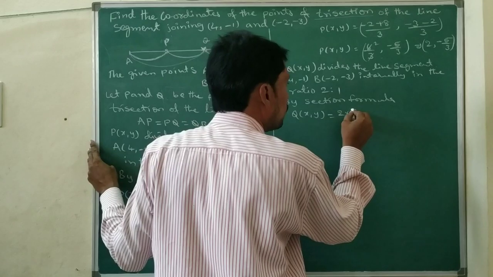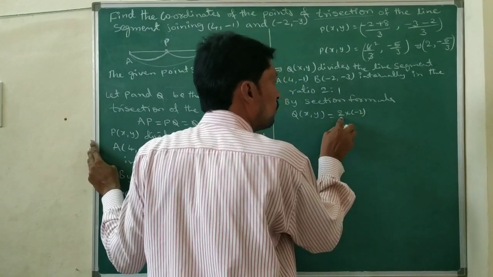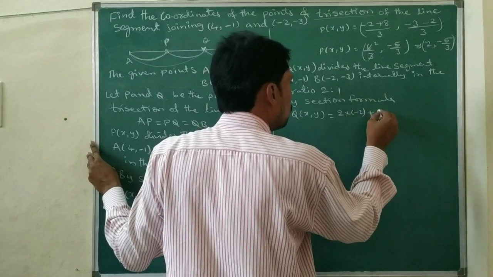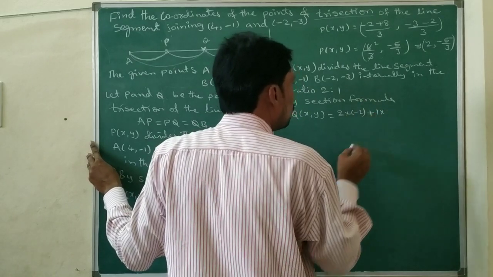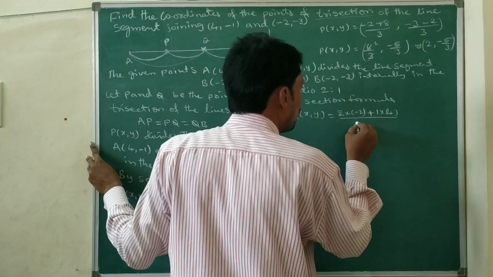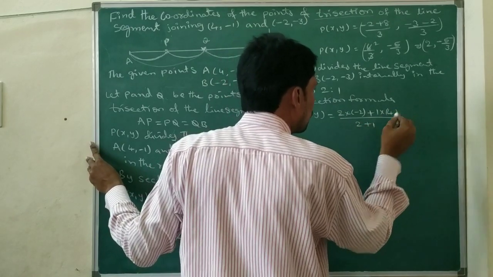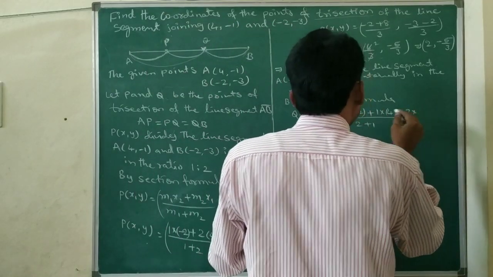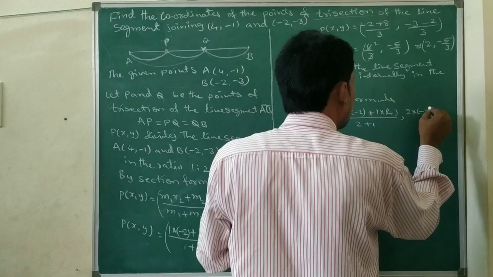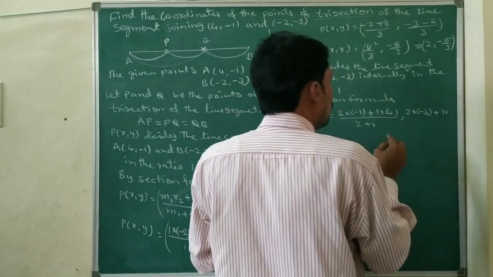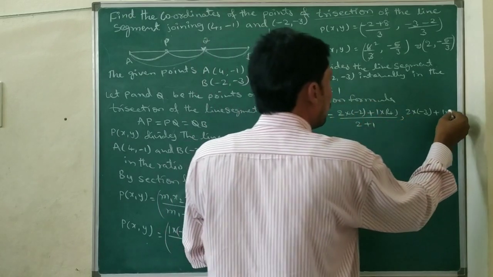So m1 x2 is 2 into -2 plus m2, which is 1, into x1 value 4, whole by 2 plus 1. Then m1 is 2 into y2 value -3 plus m2 is 1 into y1 value -1 whole by 2 plus 1.